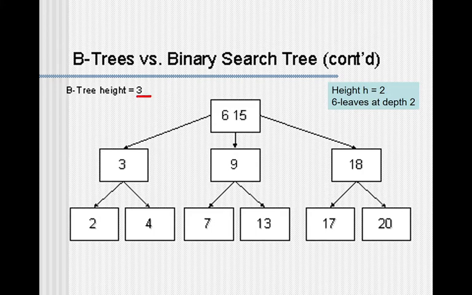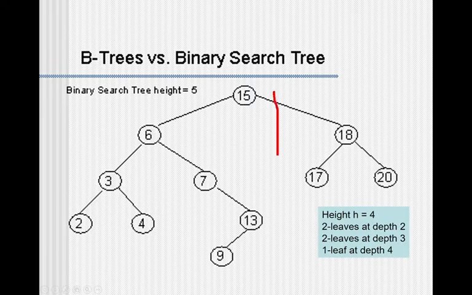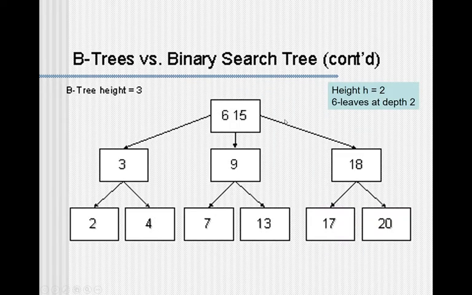So the lesser the height of a tree, whether it be a binary tree, binary search tree, AVL tree, or B tree, the better the tree is, because you will have to traverse fewer levels to reach the leaves. If in the worst case you have to go through 5 levels, in this case, in the worst case, you have to go through 3 levels. So the B tree is better.